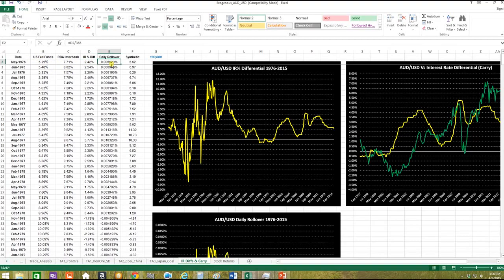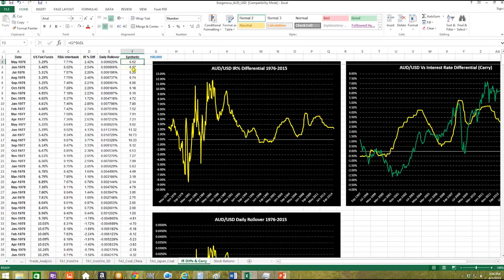We have our daily percentage rollover rate, which is the interest rate differential, column D, divided by 365 days of paying interest per year. And we have our synthetic rollover worked out as the percentage daily rollover multiplied by a one lot contract of Aussie dollar, US dollar as 100,000 lot, 100,000 currency pairs.